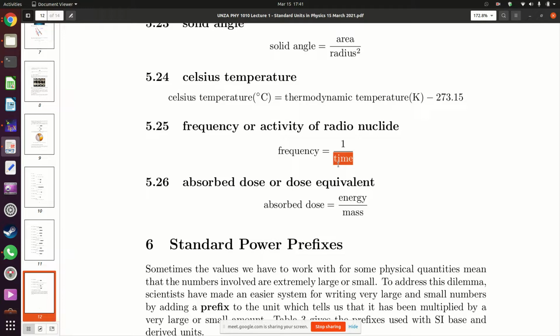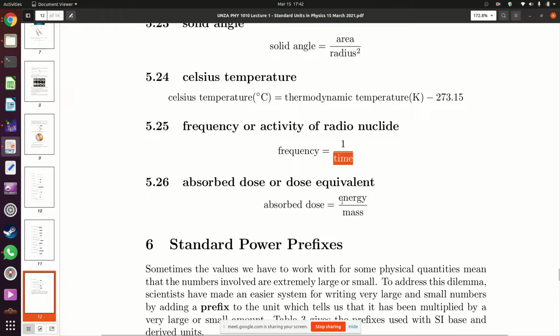That's what's referred to as the period. So the period, which is a type of time, is the time it takes for an object to go from one end to the other end and come back. 1 divided by that period gives you frequency.